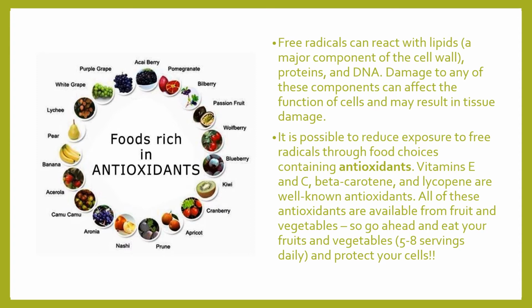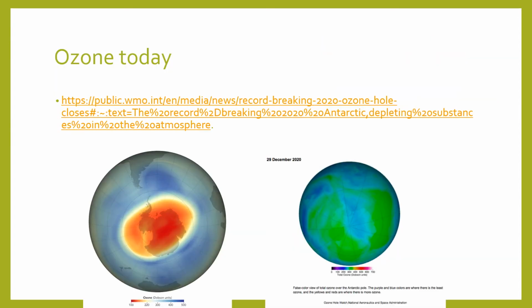And they're available in most of the fruits and vegetables we have. And you can see, looking around that circle, they always kind of promote, oh, rich in antioxidants. Well, this helps eliminate these free radicals that are appearing in our body and helping our cells not get damaged.